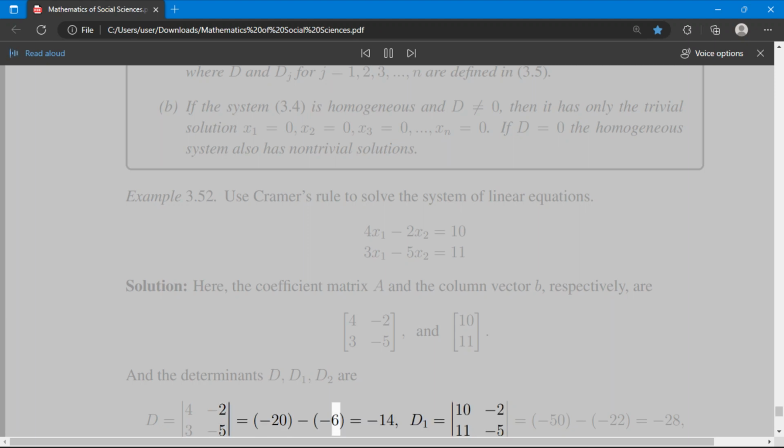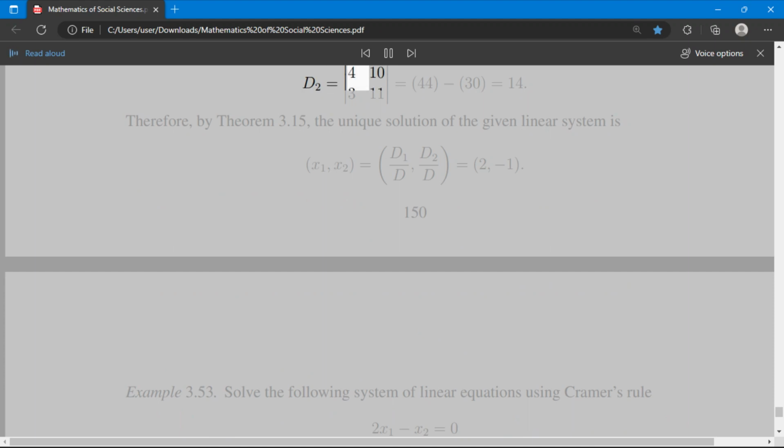D = |4 2; 3 5| = 20 - 6 = 14, D1 = |10 2; 11 5| = 50 - 22 = 28, D2 = |4 10; 3 11| = 44 - 30 = 14.